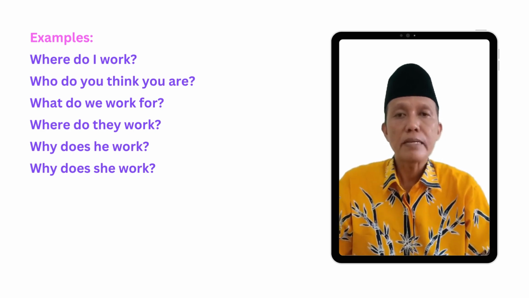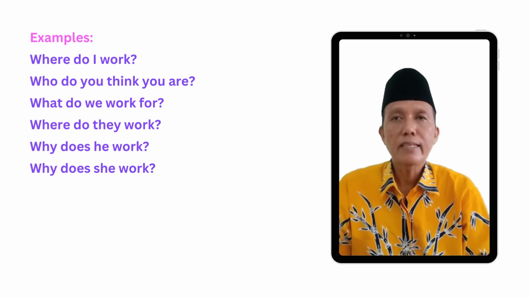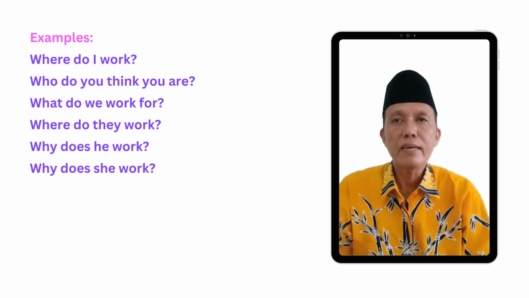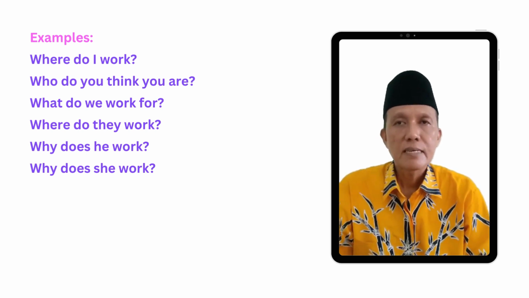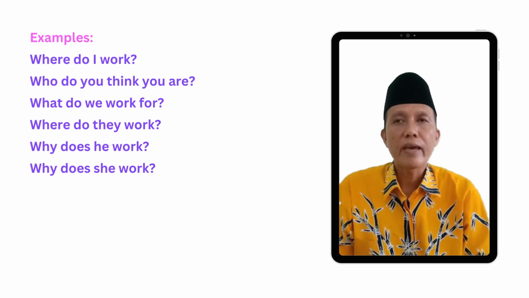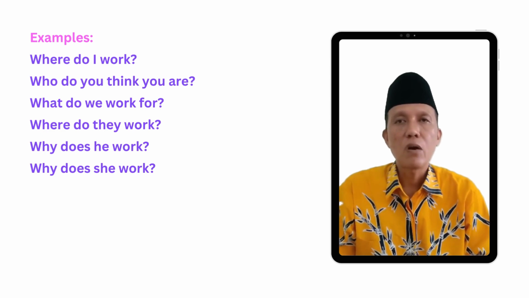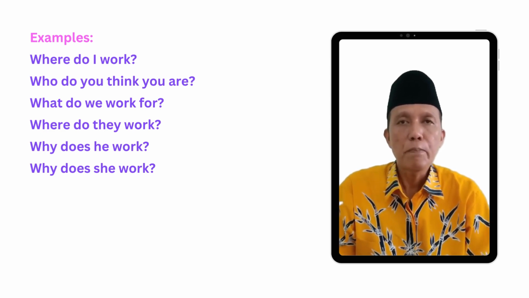From the example given, it is clear that when we intend to construct or to make interrogative sentence with WH questions, first, we construct or write from WH questions plus auxiliary plus subjects plus base verb.